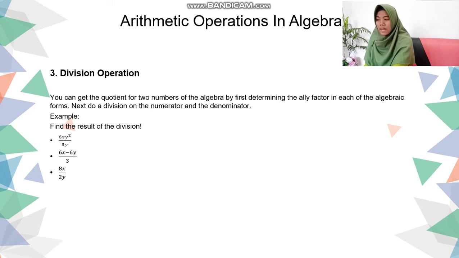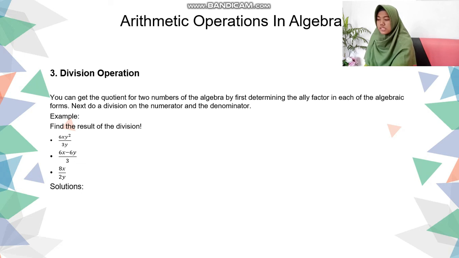First, 6xy squared all divided by 3y. Second question: 8x minus 6y all divided by 3. Third question, 8x divided by 2y.